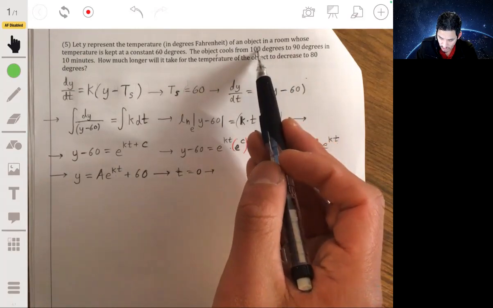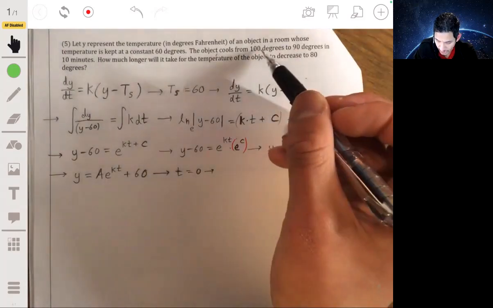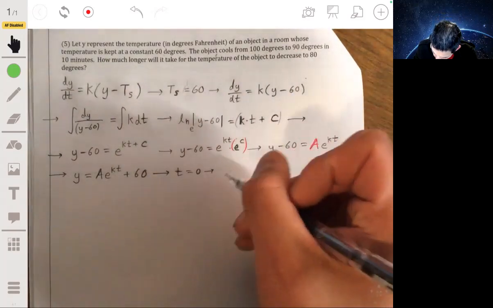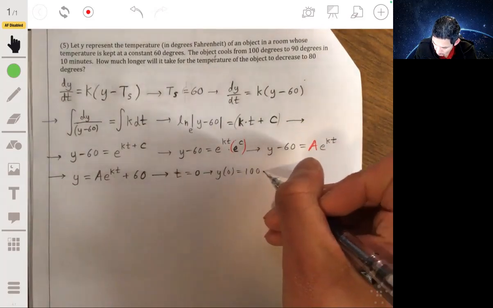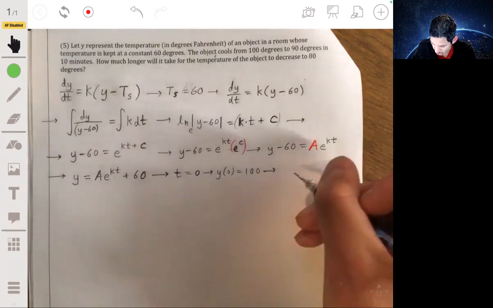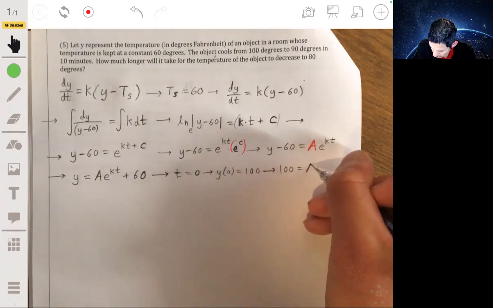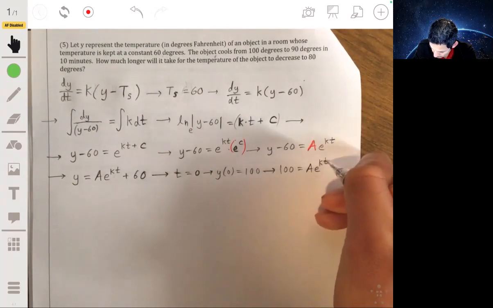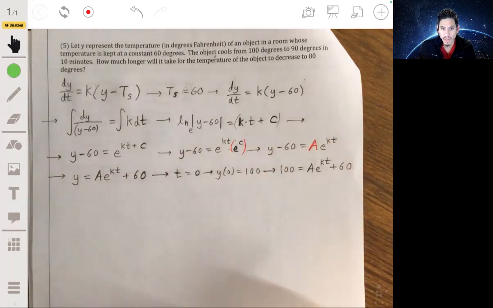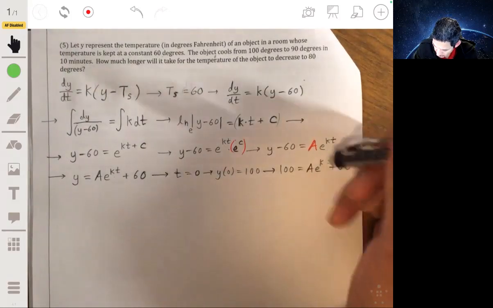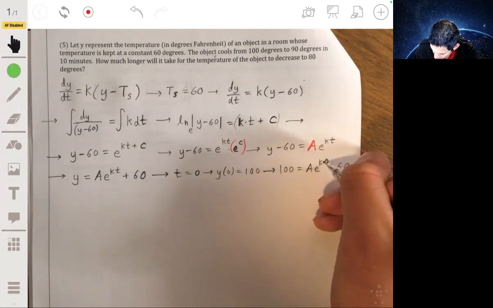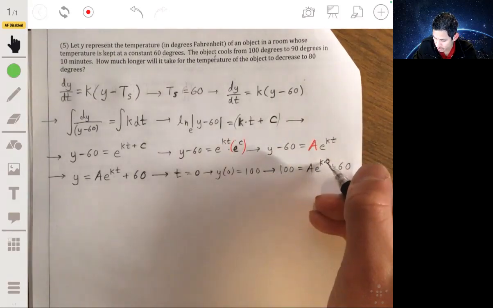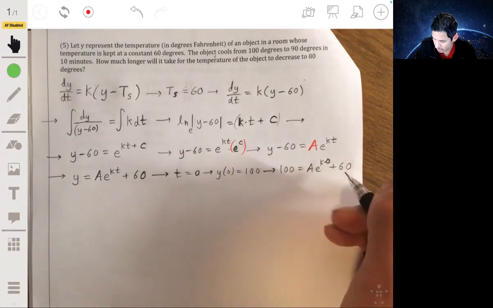So that means y of 0, or y, is just 100 when t is 0. So we can write this as 100 equals a e to the kt plus 60. And then this t is just a 0. So it's really a times e to the 0 plus 60.